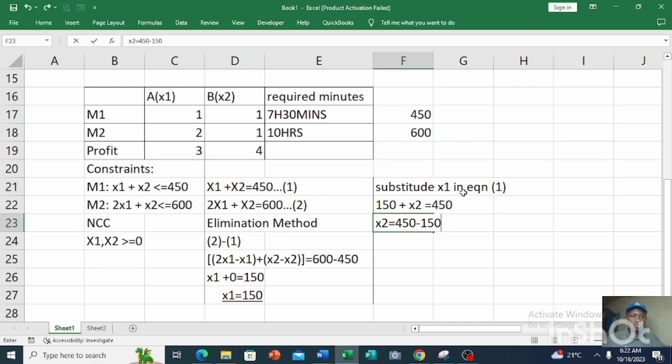So 150 is going to cross to the other side, so the constant should be on one side and variable should be on one side, right? So our x2 will be equal to 450 take away 150. Let me punch. 450 less 150. Yeah, it's 300. So x2 is 300.